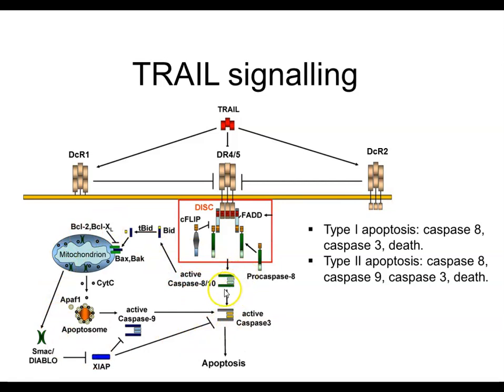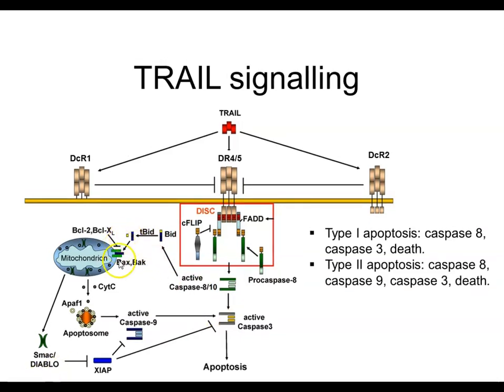So caspase 8 will cleave BID to truncated BID, and truncated BID will oppose the activity of BCL2 or BCLXL. BCL2, BCLXL are preventing the activity in particular of BAX, and BAX creates pores in the mitochondrial membrane.